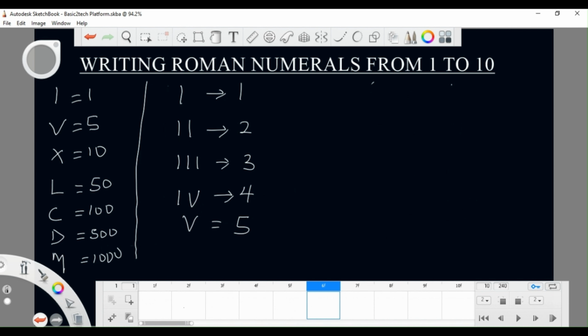So what should come first? The large symbol. So VI. We have the small number after the big number, so we add, which is 5 plus 1, that gives us 6. To get 7, again, we add I two times. So we have V, 5, plus II, that gives us 7.